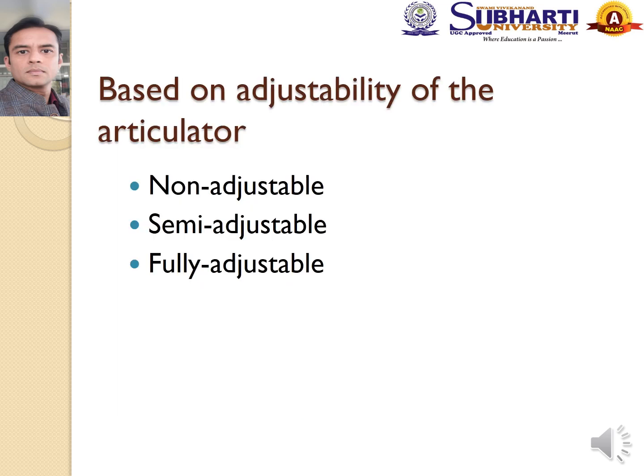Very nice. Now coming over to the classification, the last classification based on the adjustability of the articulators. So it is also one of the most important classification. You must know it can be divided under three components, that is first one non-adjustable, second semi and the third one is fully adjustable articulators.